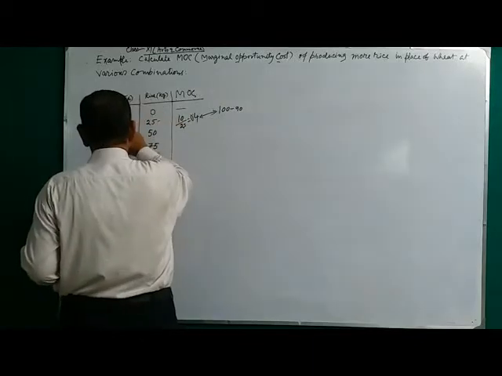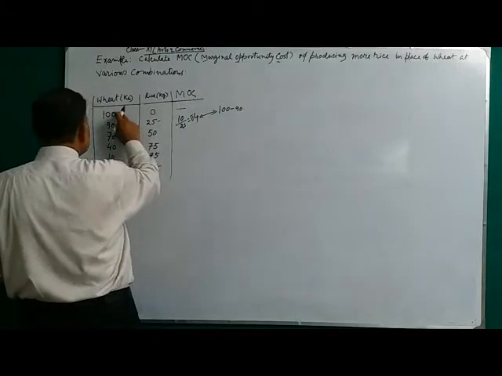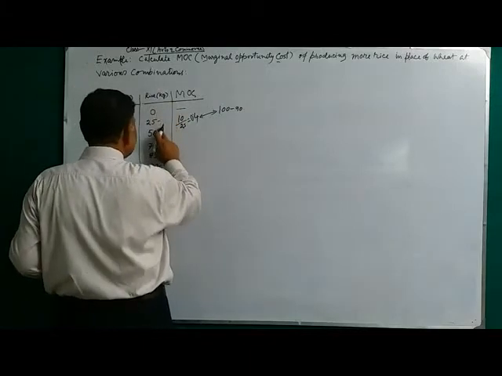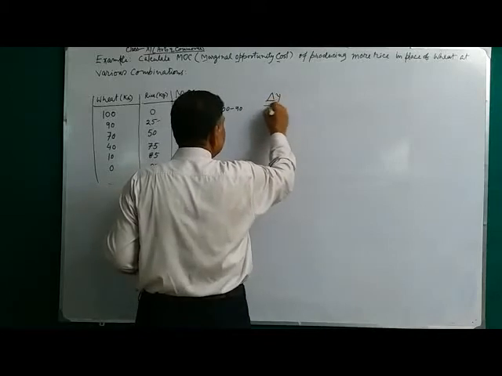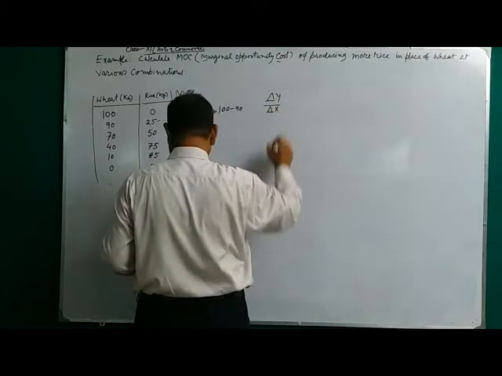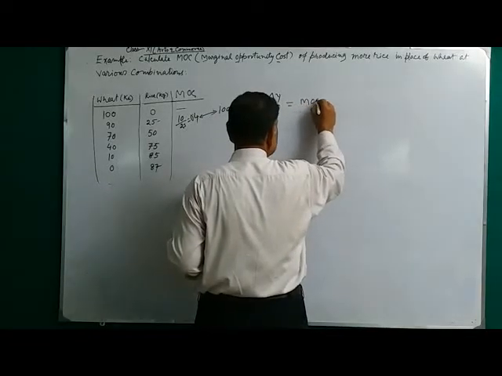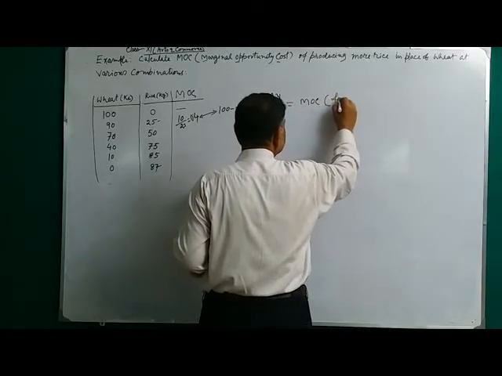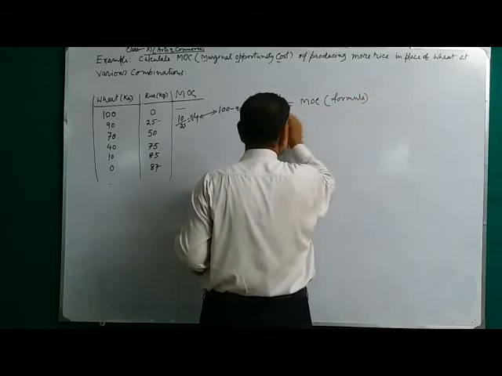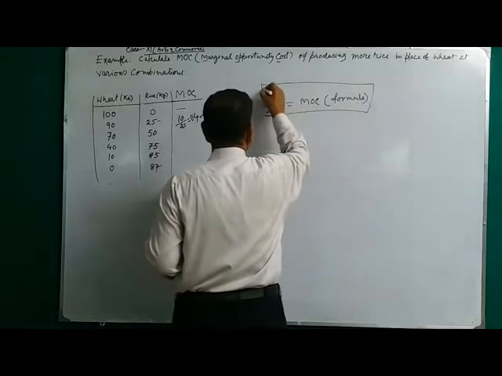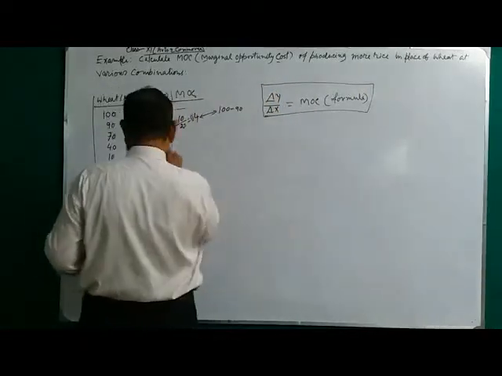Second one, they change from 100 kg to 90, so it declined by 10. Rice increased by 25. So 10 by 25 is equal to 0.4. It is the formula of del y by del x is equal to MOC. This is the formula. You have to consider this formula and do this sum.